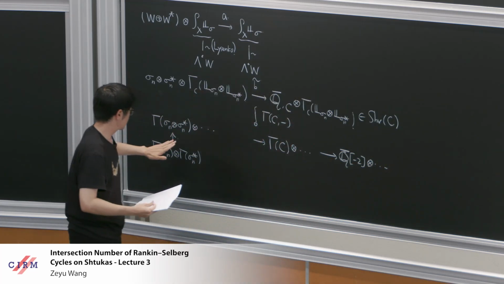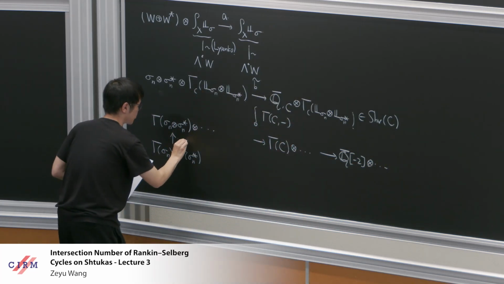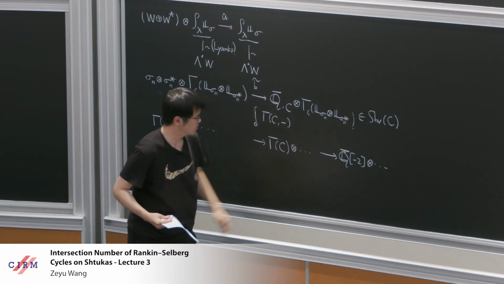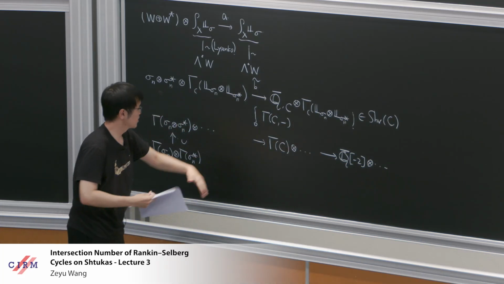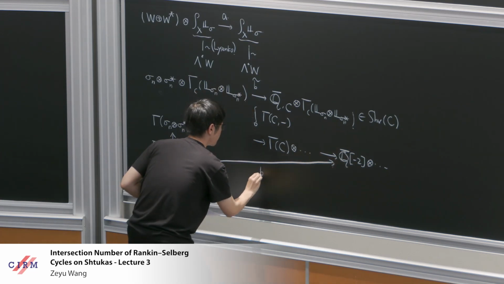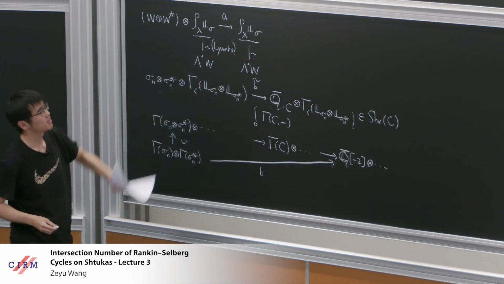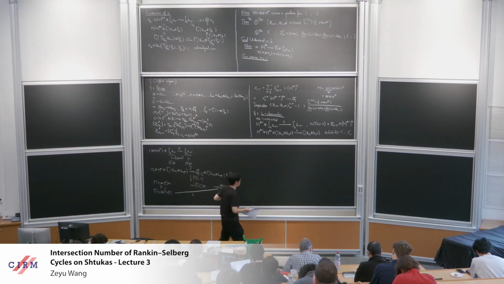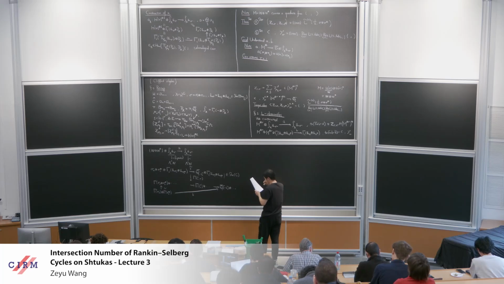Here it's a cup product, and here is a fundamental class. This composition will be our original B, but for the group GL_n rather than GL_n cross GL_{n-1}. Yeah, you will see some advantage of considering this refinement very soon.